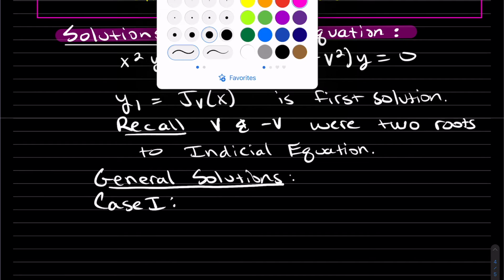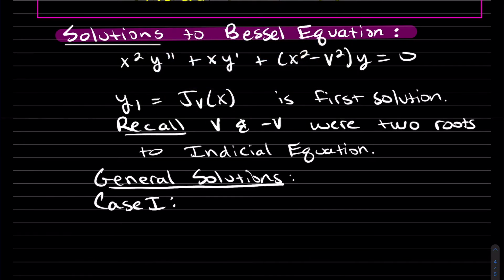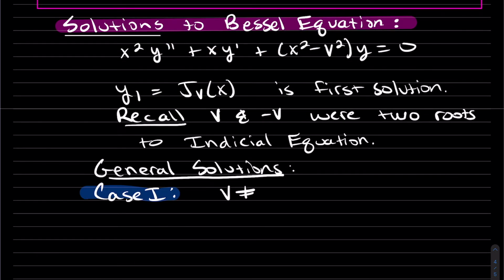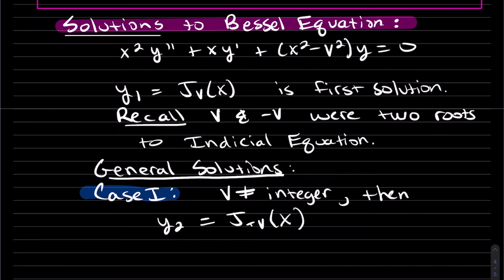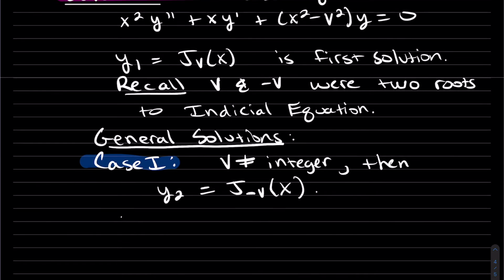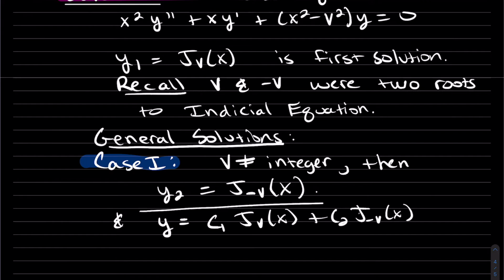They're the same cases of Frobenius. If v is not an integer, then y2 is the second one, j minus v, and basically y is equal to c1 jv of x plus c2 j minus v of x is our general solution.